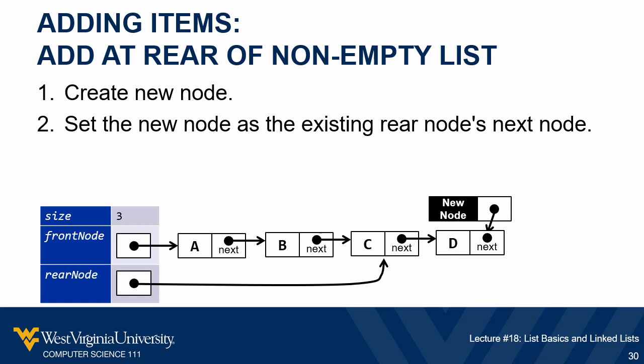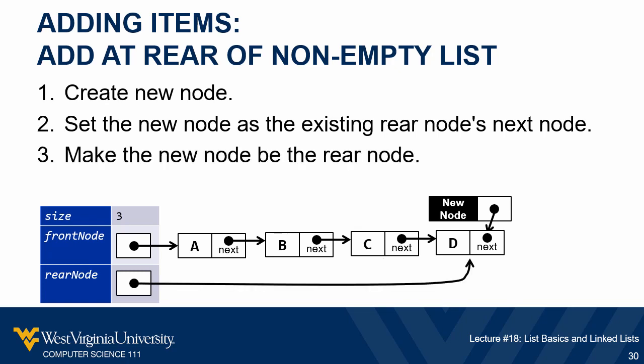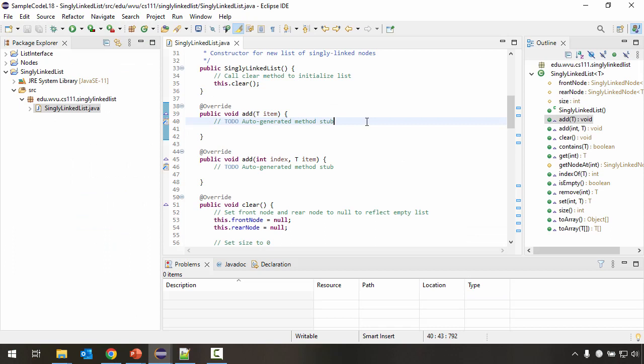We're going to go to the existing rear node, and set its next node field to point at that new node that we just made. Once we've done that, we're going to update our rear node field so that it now points at our new node, and then we increment size. Let's head into Eclipse and see how to code this up.